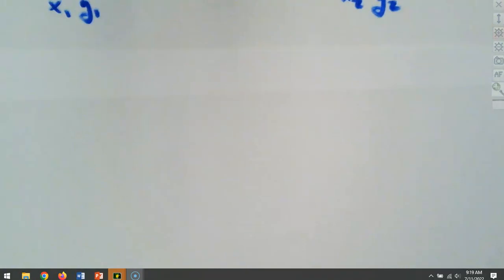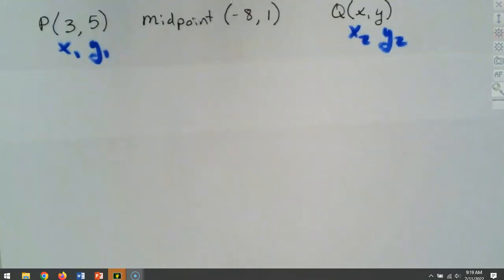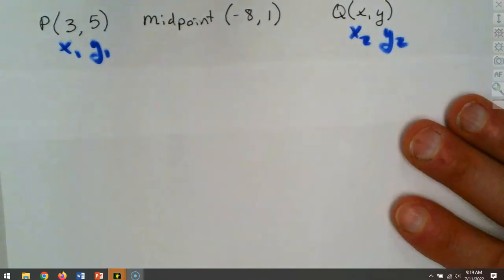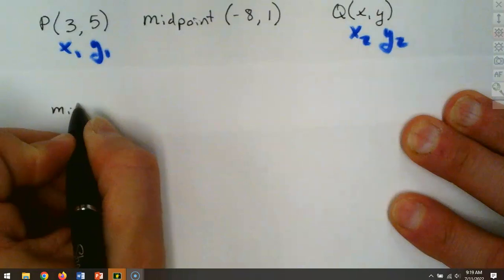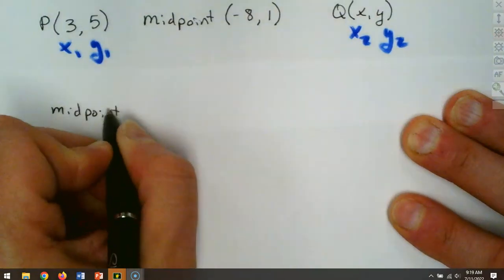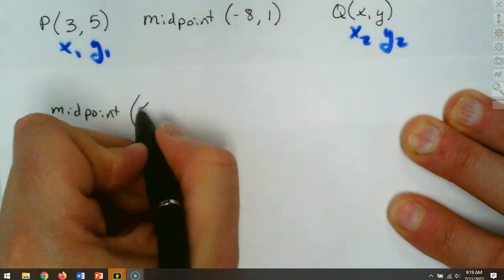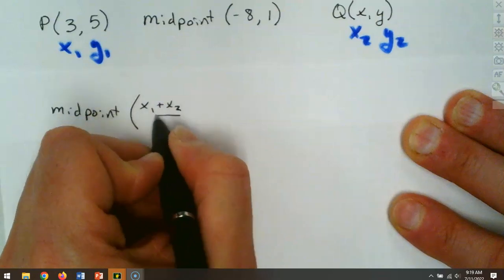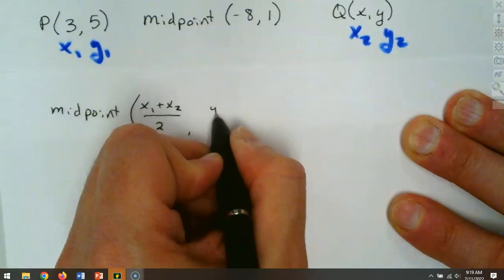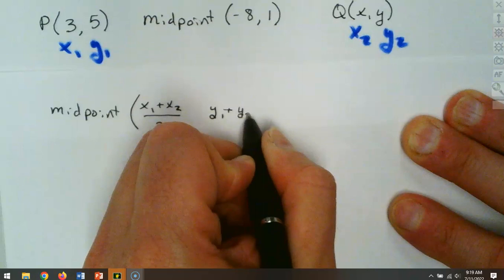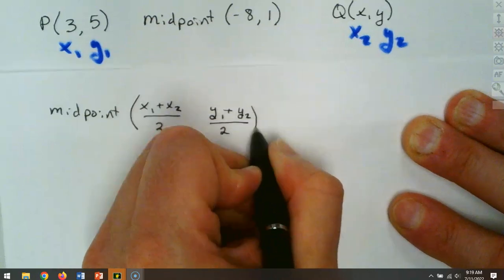And this is just a really good exercise in using the formulas here. So here's our ordered pairs. Now, what does our formula look like? Well, our midpoint formula is x1 plus x2 over 2 and y1 plus y2 over 2.